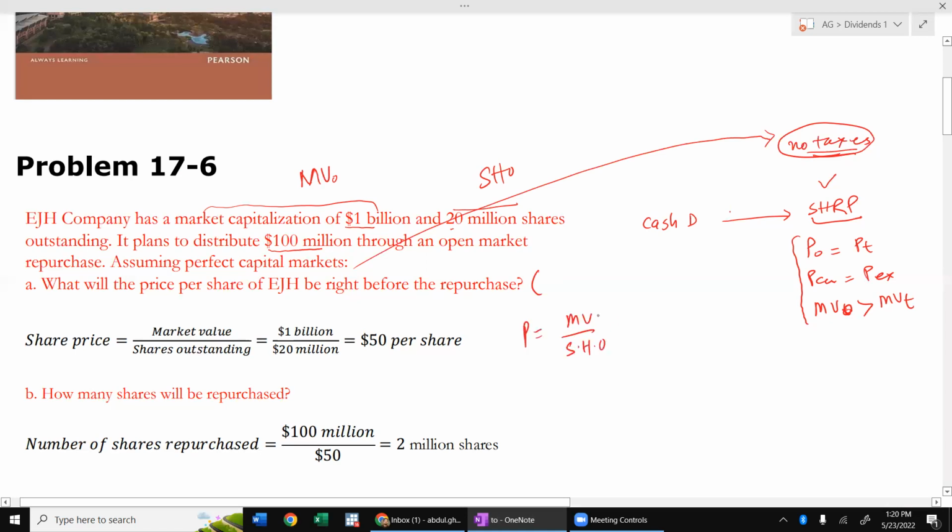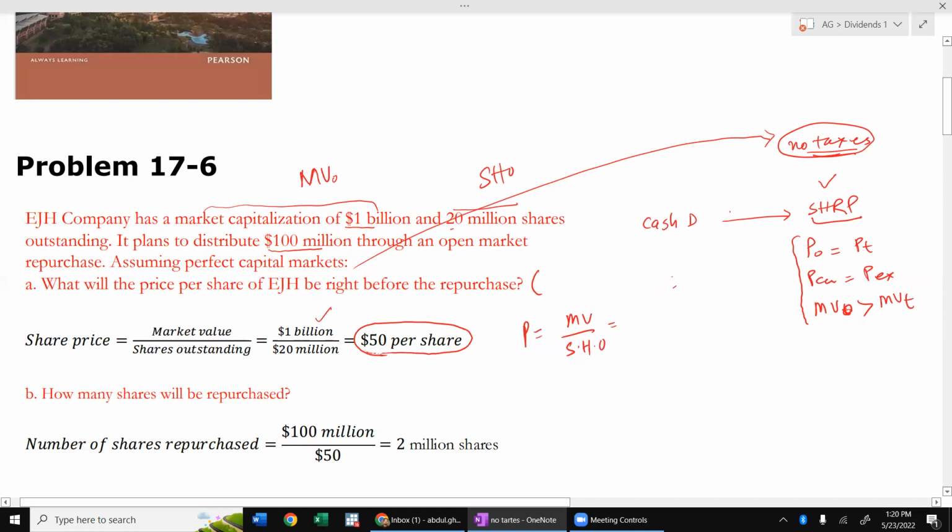We need to see whether we have this information. Yes, we have that, because this 1 billion is given, and share outstanding is given. We don't need to look for another formula, because this information is given, so we don't need to go for D divided by R minus G or whatever. So our first part is done.